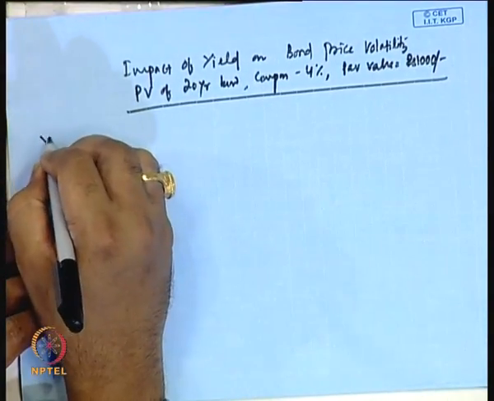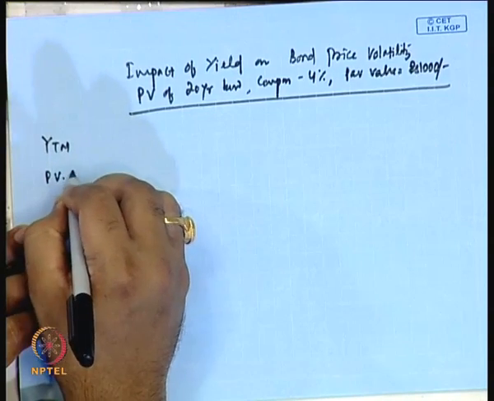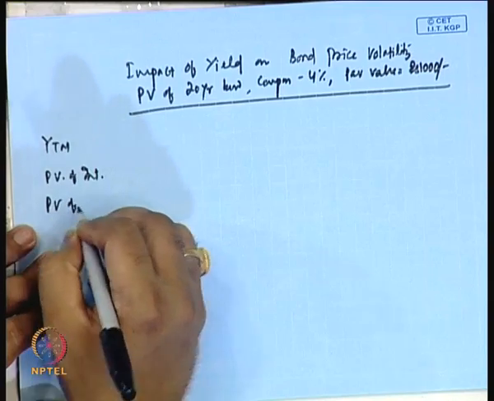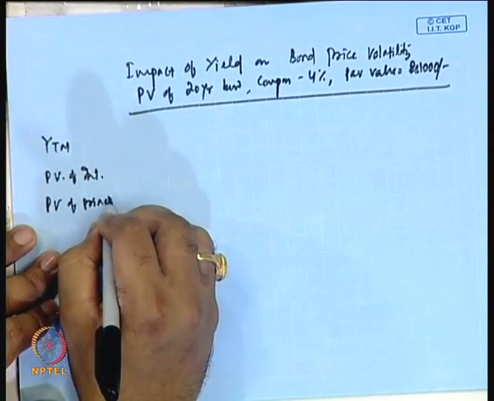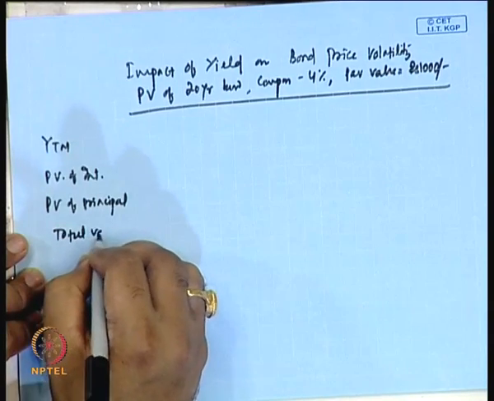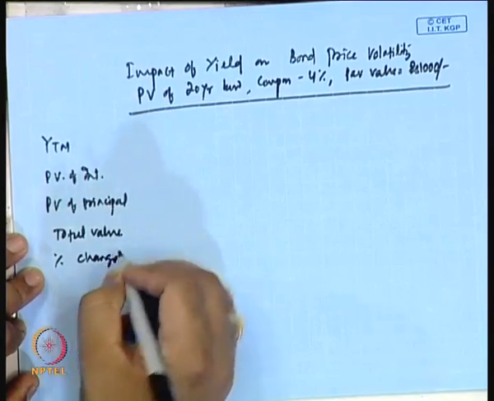Then like that you can take your YTM, you have your PV of interest, your PV of principal, this is your total value, this is your percentage change of the total value.